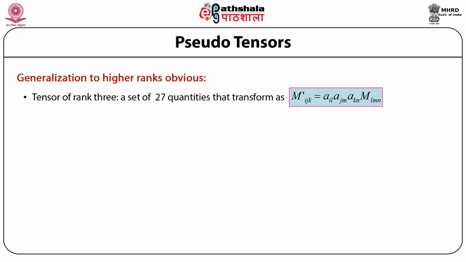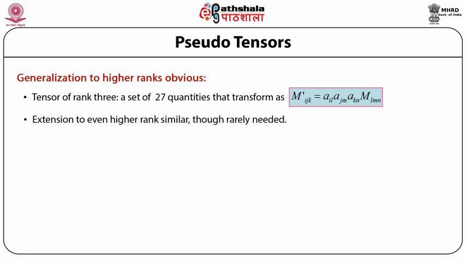In a similar manner, we can extend this kind of transformation to even higher rank tensors. Since this kind of transformation is normally not required, we can avoid its discussion here.